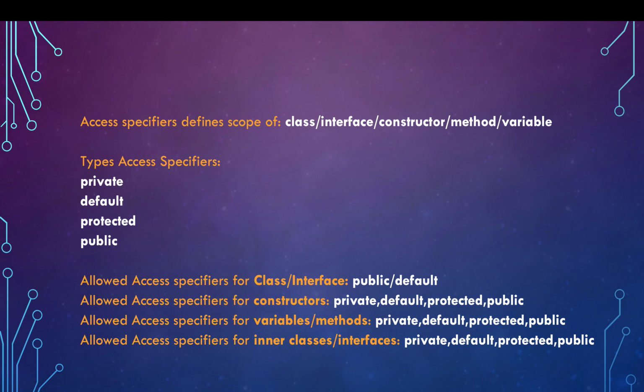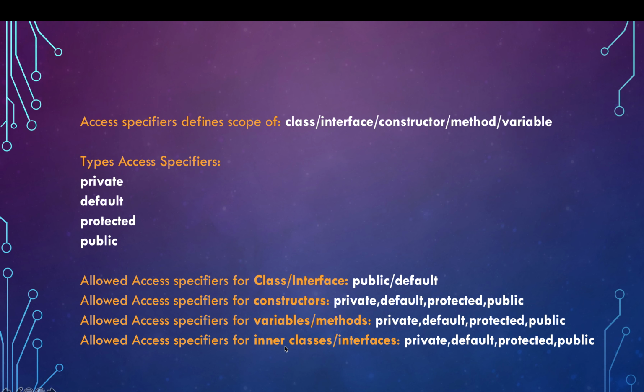If we specify any other access specifier for a class or interface, we'll get a compilation error. The next one: what access specifiers can we apply on a constructor? All four: private, default, protected, and public. And for variables and methods, all four can be applied.